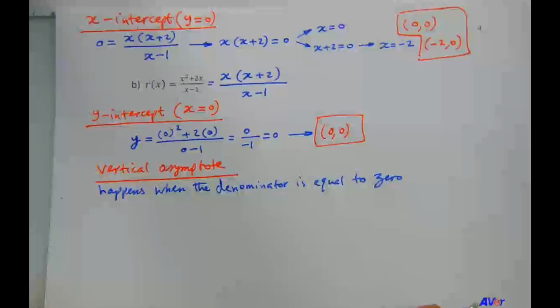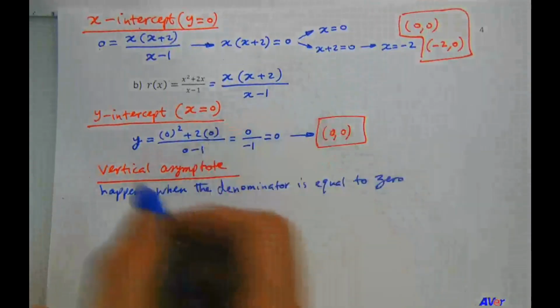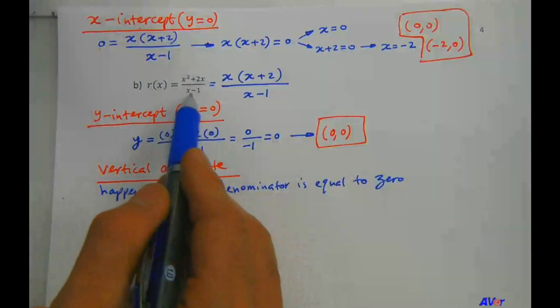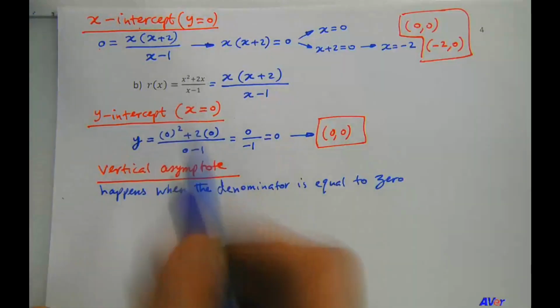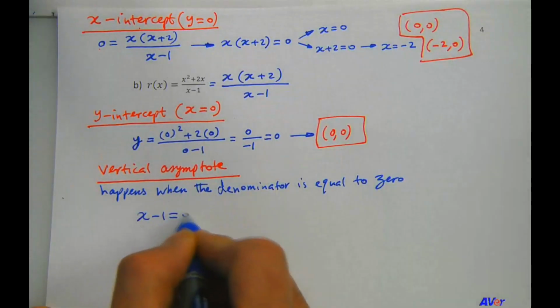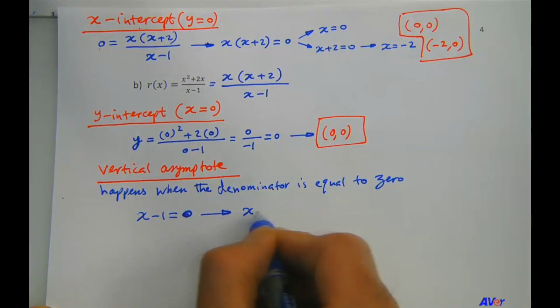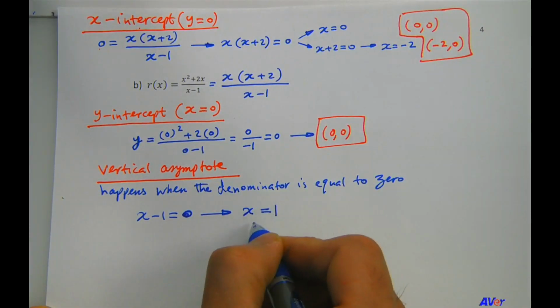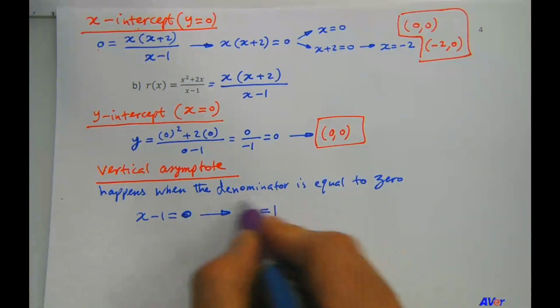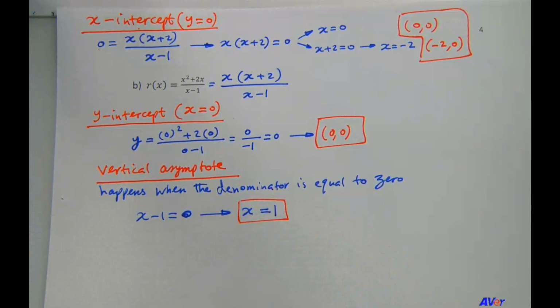So let's find out when that happens. So x minus 1 is the denominator, right? x minus 1 equals 0. That means x equals 1. So that is the vertical asymptote right there. x equals 1, we have a vertical asymptote.